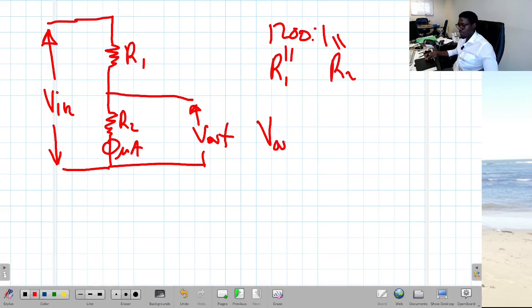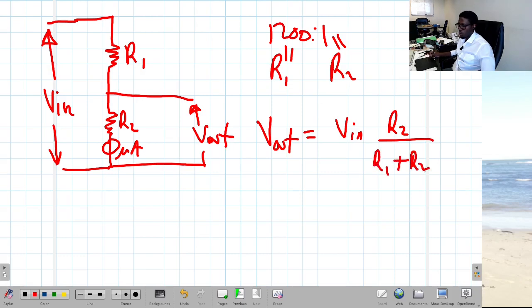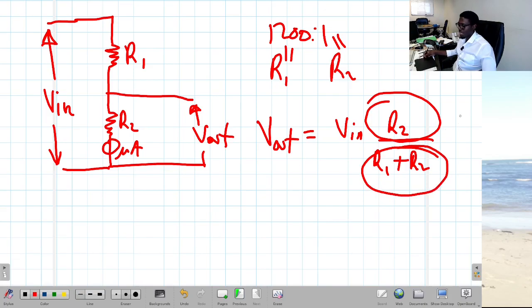If you look at the voltage division principle, our V out will be V in multiplied by R2, since we are measuring the voltage across R2, over the sum of R1 plus R2. Given the ratios we've been given, this one is 1 and this is 1200.